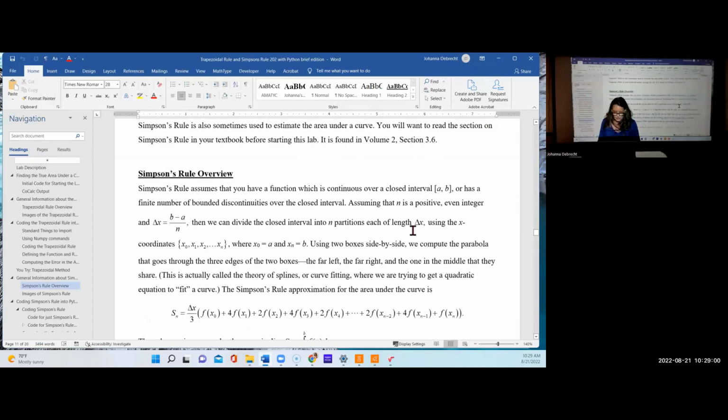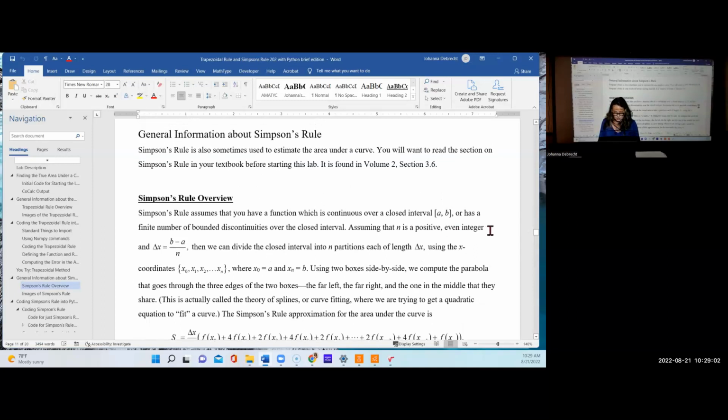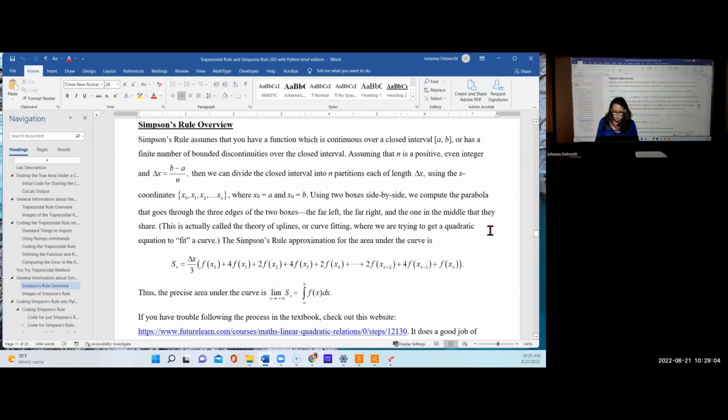Let's go ahead and review what Simpson's rule looks like. Simpson's rule assumes that you have a function that's continuous over some closed interval, or at most you have a finite number of discontinuities on the closed interval, and you're going from a to b, and you're going to decide to divide it into n subintervals. So again, delta x is (b minus a) over n.